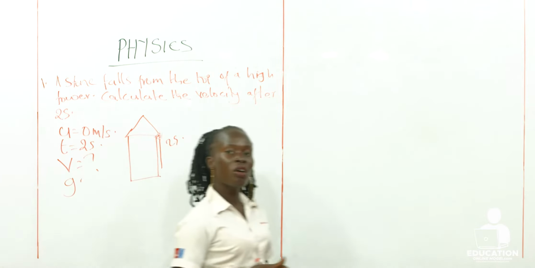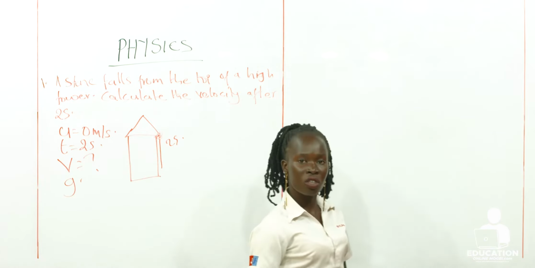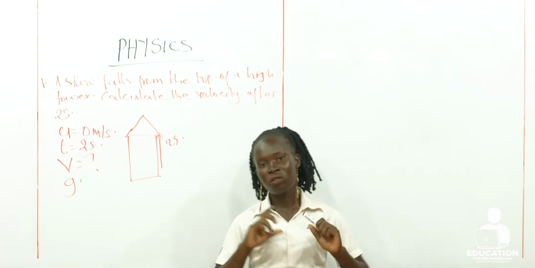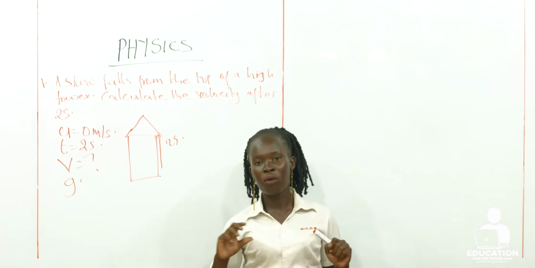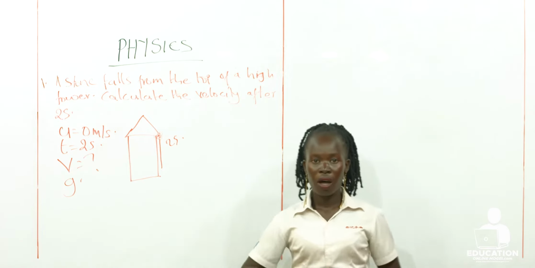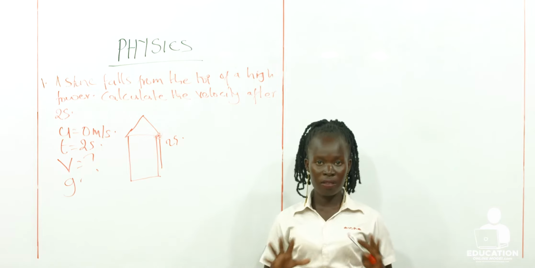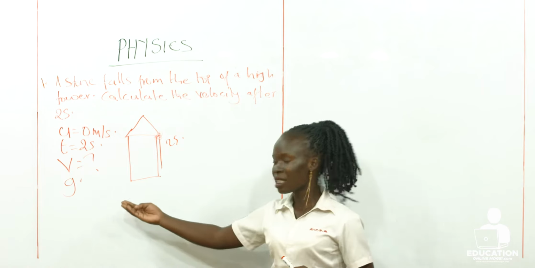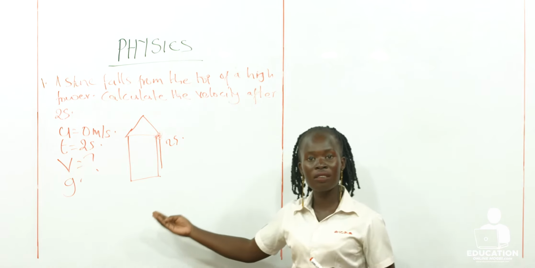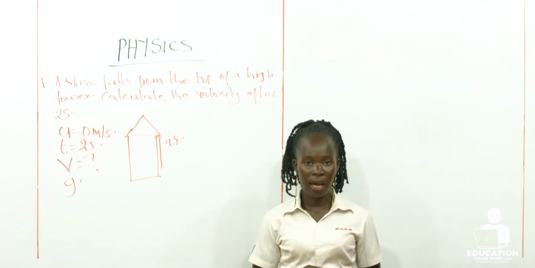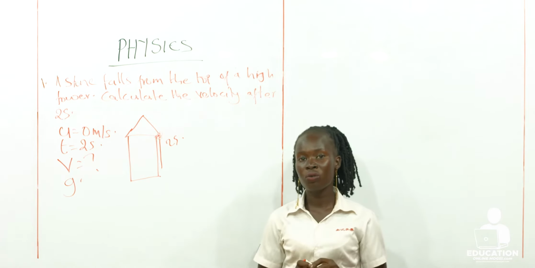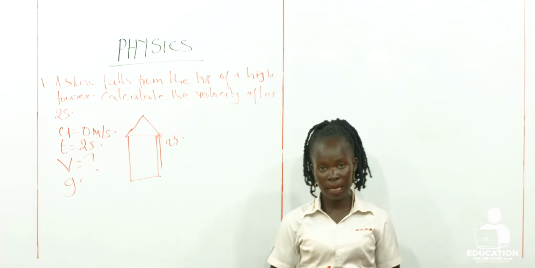And what is the value of this acceleration due to gravity on the surface of the earth? Every object around the surface of the earth experiences this acceleration due to gravity, which is 9.8. But for matters of calculation, we shall round it off to 10.